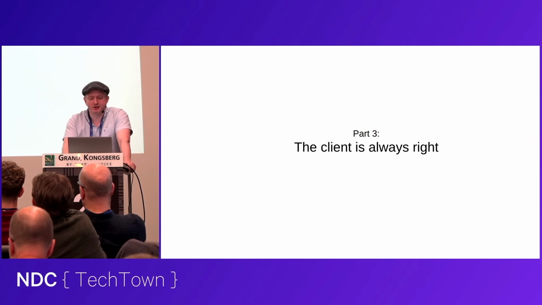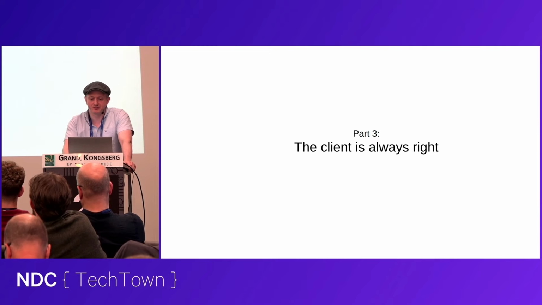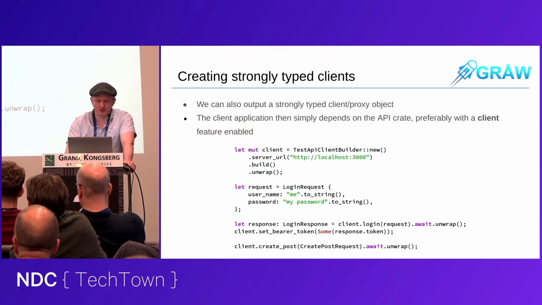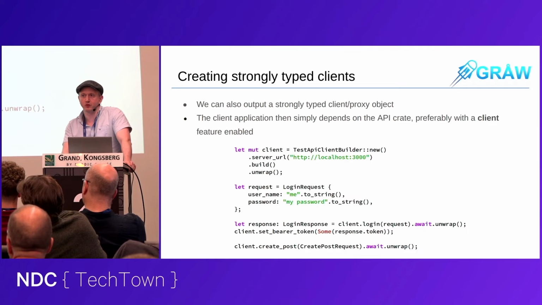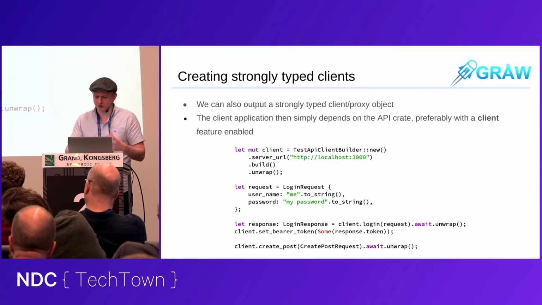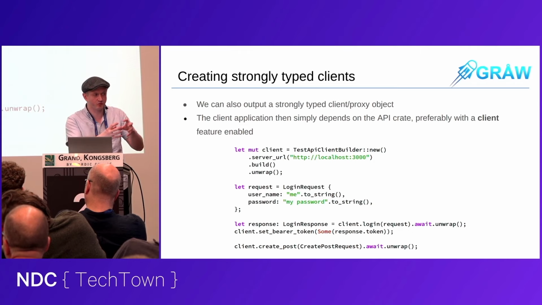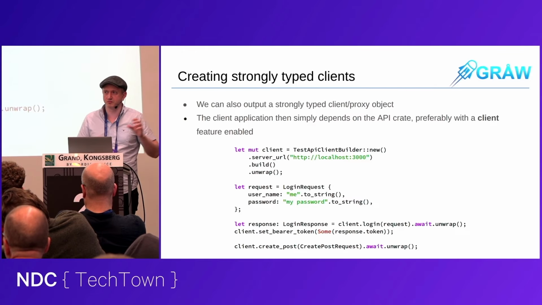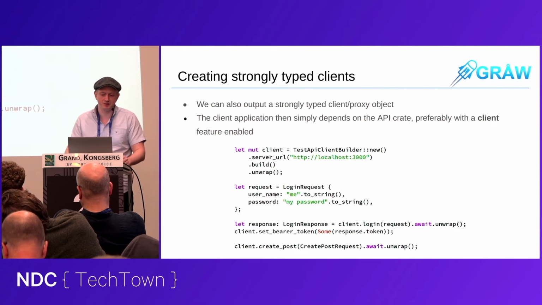And then the client is always right, at least they claim to be. So since we have full control over the code we generate, we can also create proxy clients. It's basically traits and implementations for a client of this API that would typically use reqwest or some way of accessing it over HTTP.